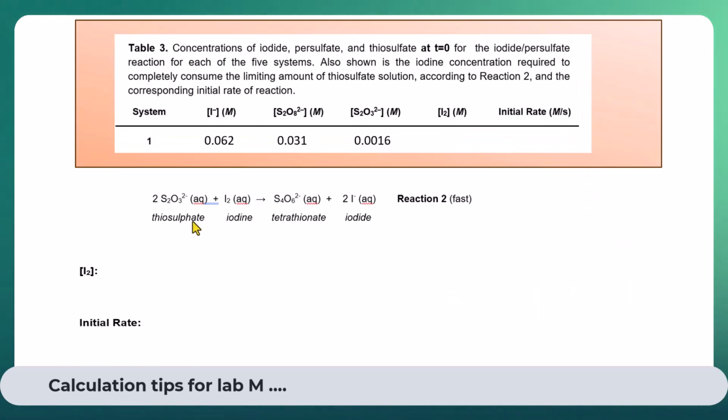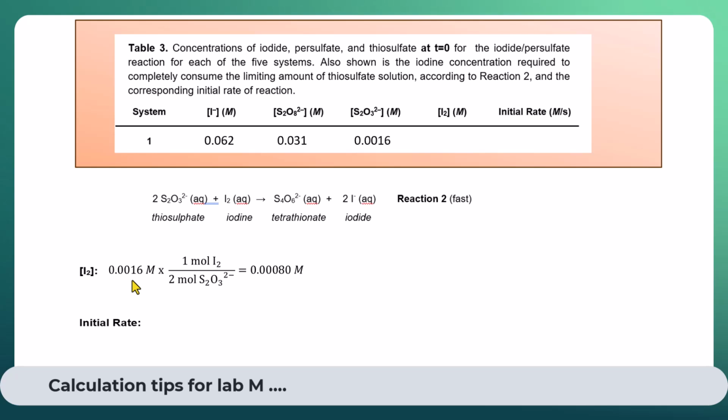I want to remind you that for every 1 mole of iodine that's produced, 2 moles of thiosulfate are required. So if we want to calculate the concentration of iodine, essentially we can do sort of like a mole bridge conversion. Now I realize that normally when we work with mole bridges, we want to be working in moles, but you can also do this in terms of concentrations.